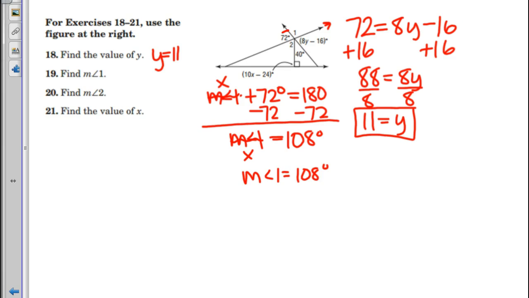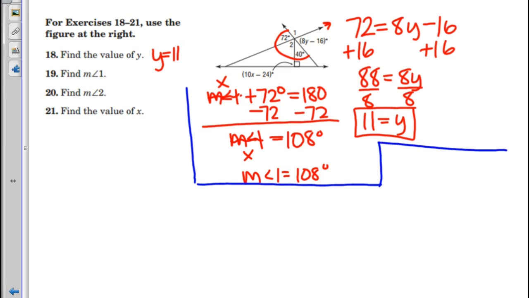We know that these three are a linear pair. That's one way to do this. I'm not saying that's the only way, but it's one way to do it. All right, so let me box this off so we have room to work here. We have 72 degrees plus angle 2, which I'm going to call x for now so that I don't have too many numbers here, plus 40 equals 180.